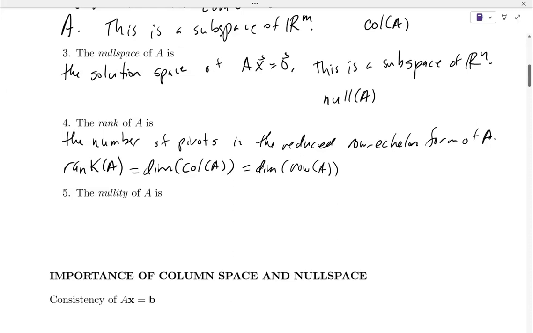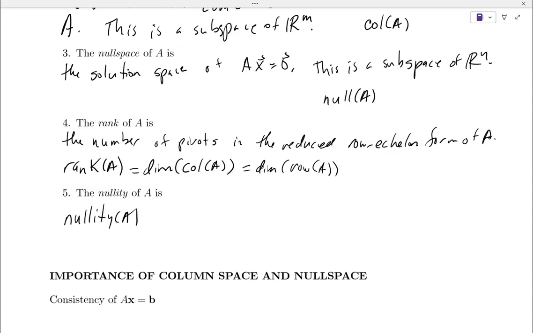Well, if the rank is equal to the dimension of the column space and the dimension of the row space, what do you think the nullity is going to refer to? The nullity is going to refer to, what do you think? The dimension of the null space. Yeah, exactly. So there's not any fancy notation for nullity.